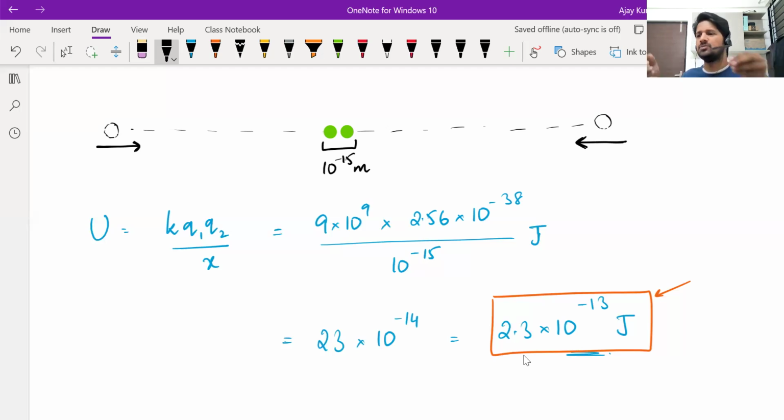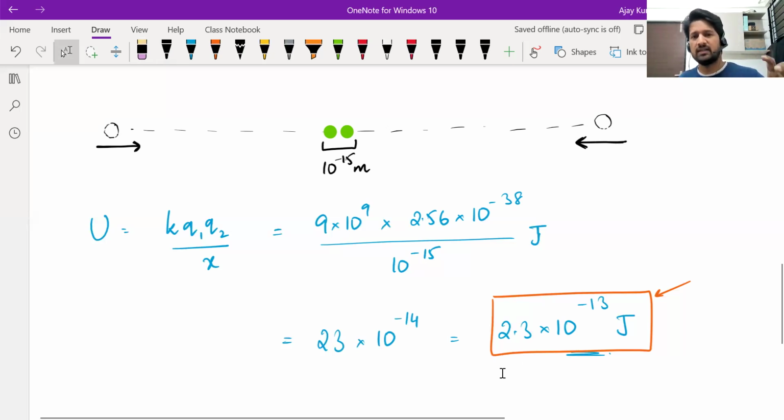So if you just put two protons in a container and give them this energy, there's no guarantee that they will fuse. They will have that energy, but they'll be moving in random directions also. Why will they move exactly towards each other? So if there is a huge collection of protons, like many moles of protons, and you supply enough energy, then there is a chance that some of the protons may move exactly towards each other and fuse. So you will have to supply a lot of energy for this reaction to be actually carried out.